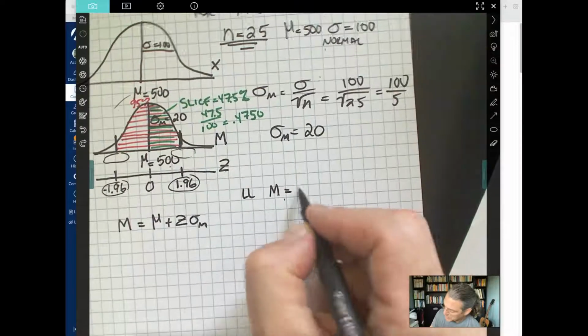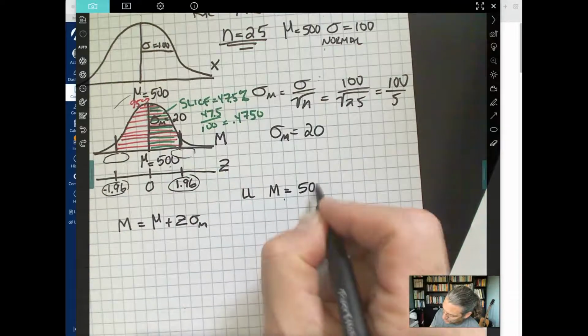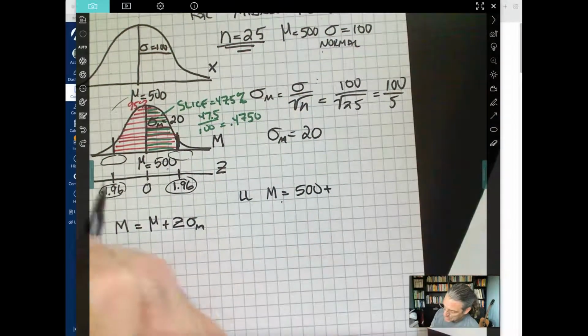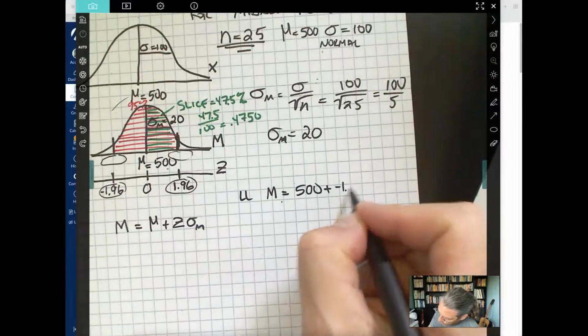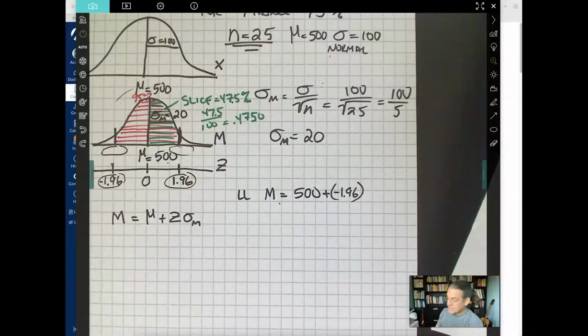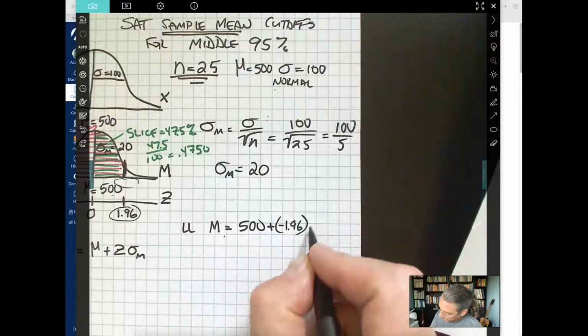The sample mean will be our mu, which is again for this distribution 500, also given to us in the question, plus the Z-score, negative 1.96. Because it's a negative, I'm just going to put it in parentheses, times our standard error, which we calculated, and our standard error was 20.